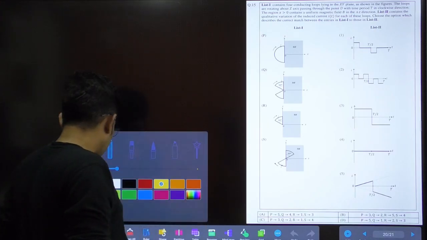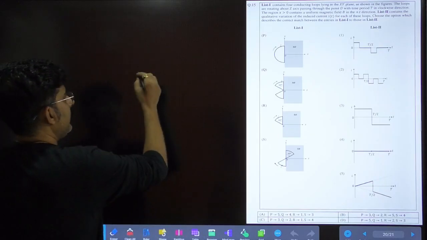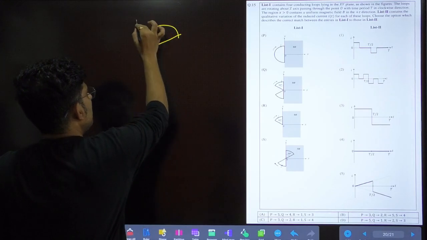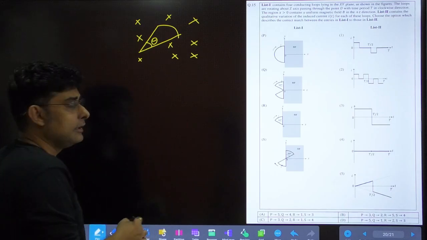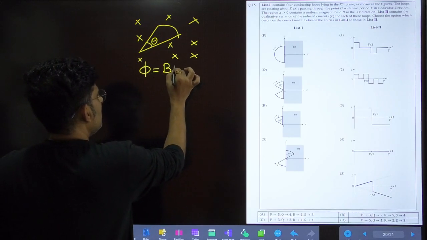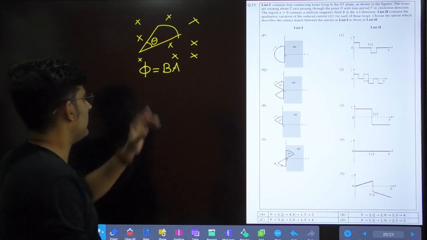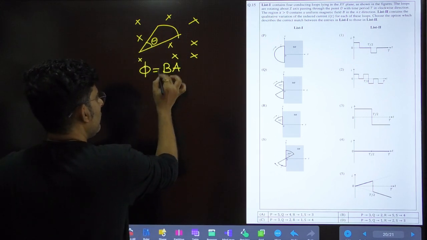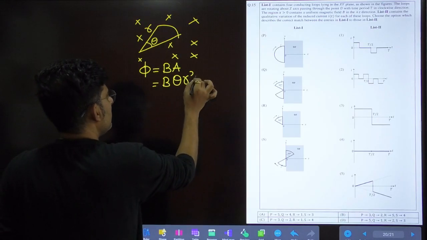So what we can say is that at any instant, if a sector of angle theta is inside the field, the flux will be what? B into A. The field is perpendicular to the plane of the loop, so directly B into A, where A is the area lying inside. Now we know the area of a sector is, if the radius is R, theta R square by 2.